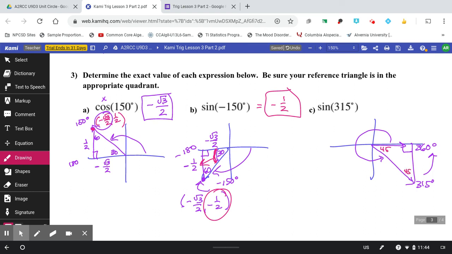So this is radical 2/2, but it's negative. This is also radical 2/2, but it's the x value, so it's positive. And since my sine is the y value, it's going to be negative radical 2/2. Okay, and that's it. All right, so go ahead again and do the couple of practice problems that you have.